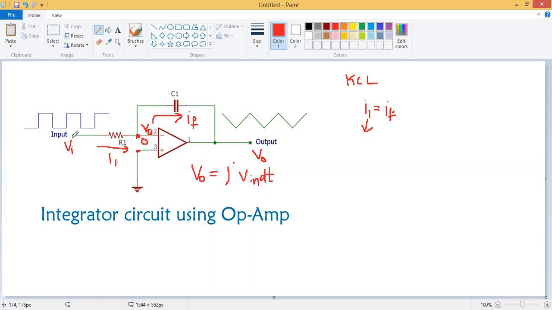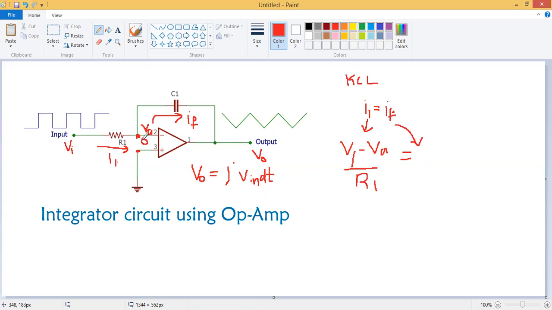Now I am going to write the equation for I1. I1 is equal to V by R, so V is the VI, my input, minus this node voltage VA, by R, where the value is R1, equals the equation for IF.